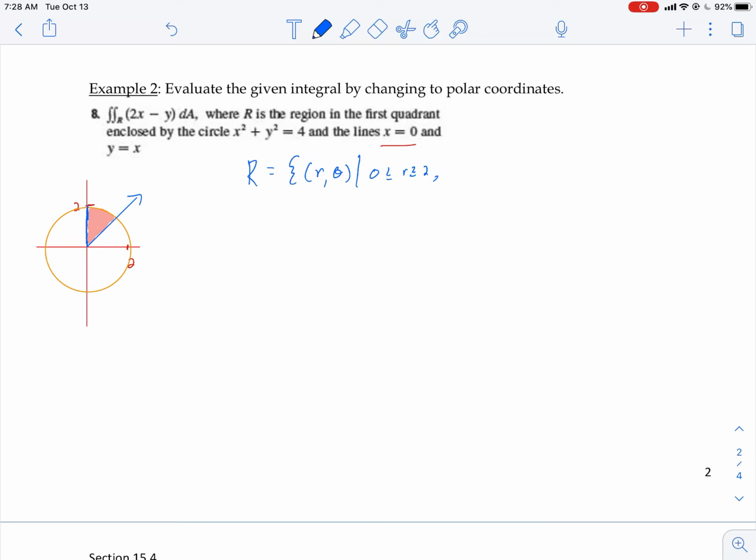And our theta, again, this right here is where our x's and y's are equal. So hopefully you notice that that's just pi over 4 for theta. And this is going to be pi over 2 for theta. So we're going from pi over 4 to pi over 2.